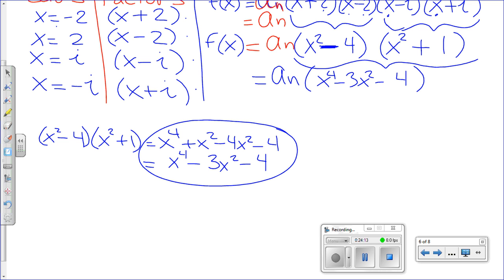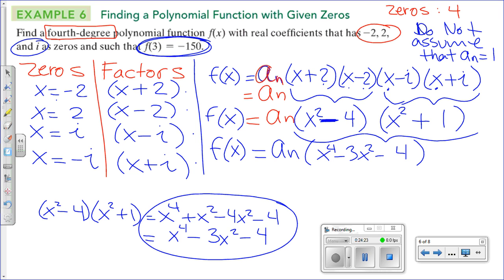So now what we're going to do to find a sub n is go back to the instructions where we were given an x value and a y value that corresponded to it. So we were given that f of 3 is equal to negative 150.